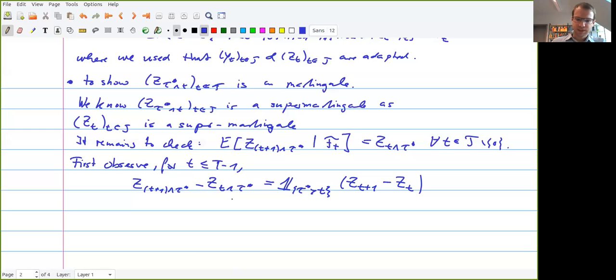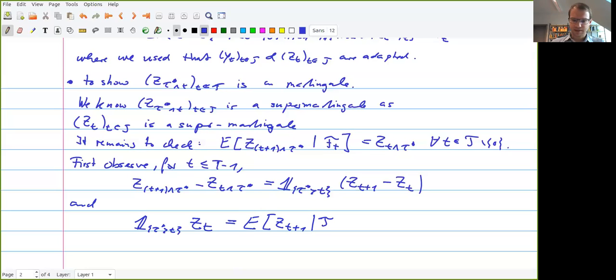Okay. And now, what we also observe is, if I consider the second summand here, the indicator function that tau star is strictly bigger than t multiplied with Z_t, well, if this is the case, by the definition of the Snell envelope, I know that this is U_t plus 1, because otherwise, if it would be Y, I would have stopped, because tau star is the minimal time, the first time the process Z hits Y, sorry.